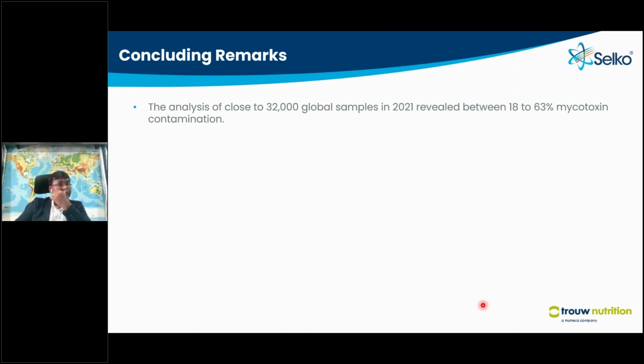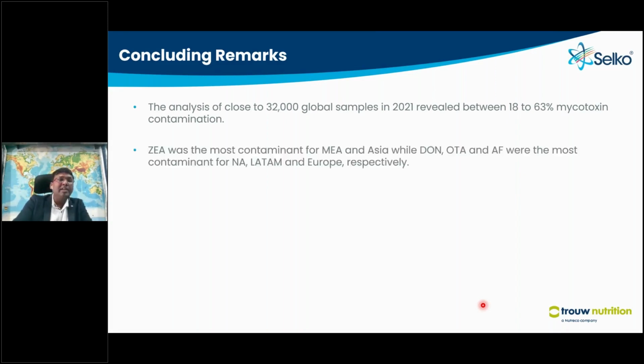It may look a little less to you, but remember that we applied the LOD approach, which is very critical. And then Zea was the most contaminant for MEA and Asia, while DON, OTA, and aflatoxin were the most contaminant for North America, LATAM, and Europe.